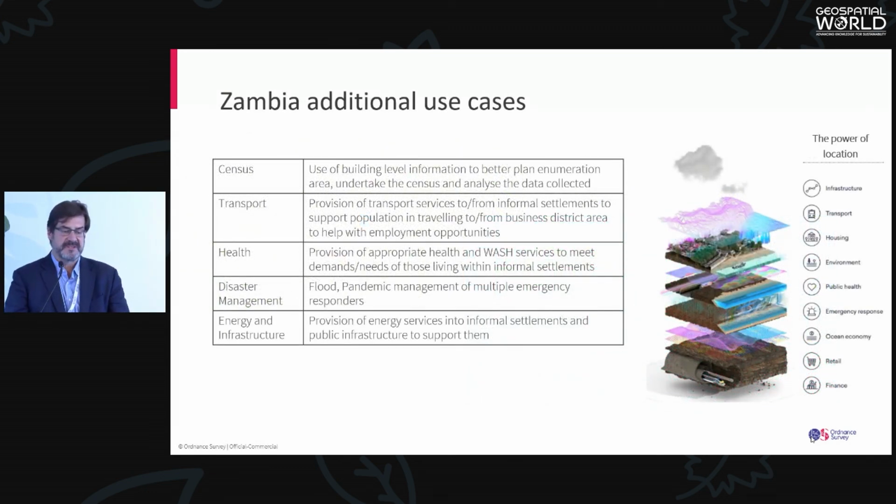And indeed, we're now seeing other use cases starting to be put to use. The most notable one is probably from the Zambia Statistics Organisation, who says for the first time they now have property-level data available to them, so they can start to plan the enumeration districts a whole lot better. In the past, it was a bit hit and miss. They would just divvy up the land geographically.